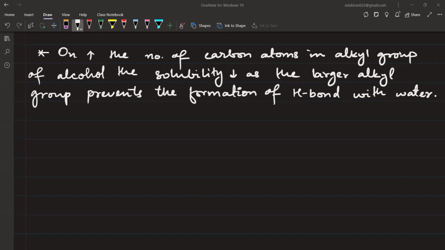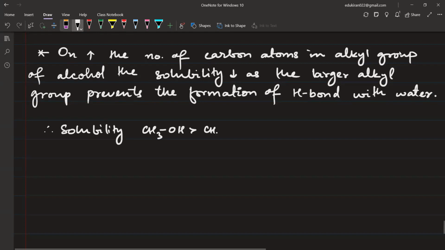So therefore, solubility: CH3OH will be most soluble, followed by the 2 carbons OH, followed by 3 carbons OH, and so on.